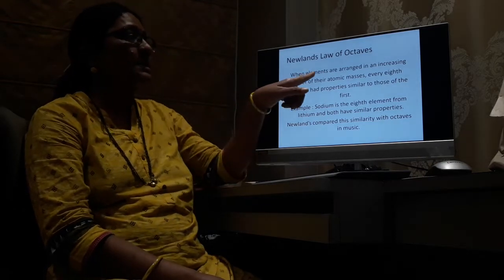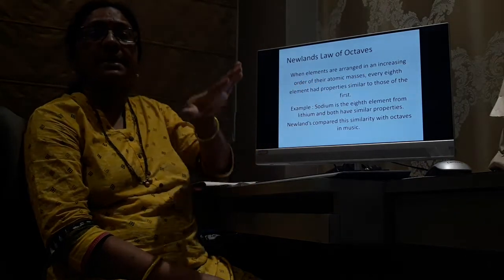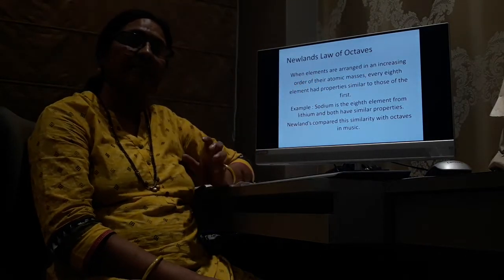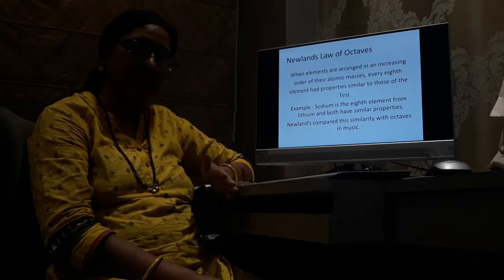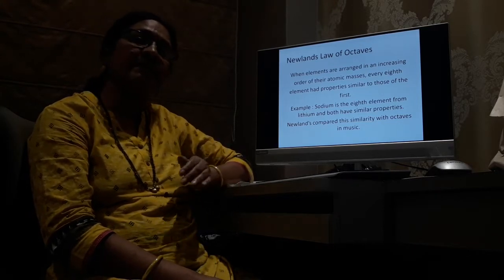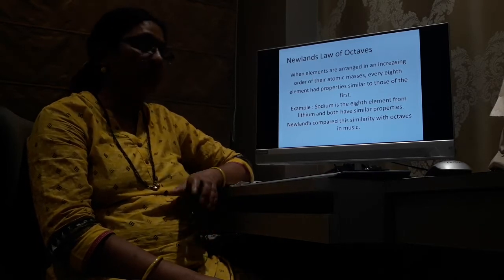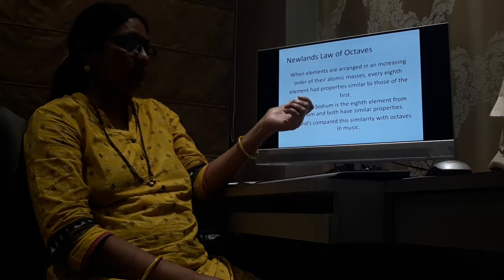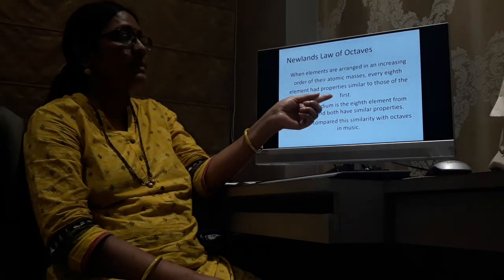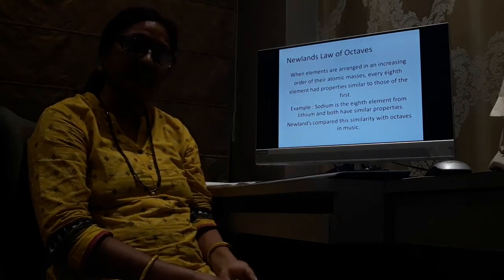He arranged the elements in an increasing order of atomic masses. That is, the element having less atomic mass comes first, and the elements having higher atomic masses follow them. He observed that every eighth element had properties similar to those of the first element.